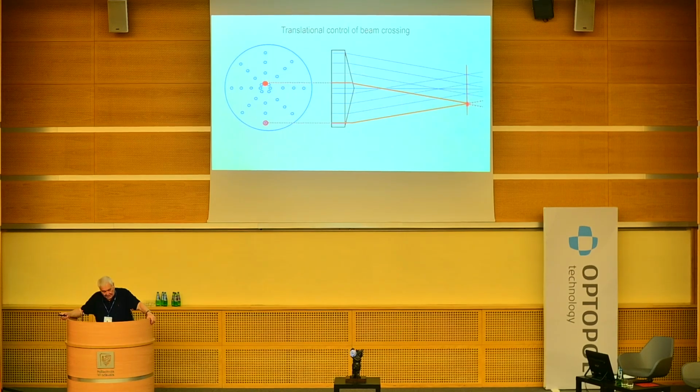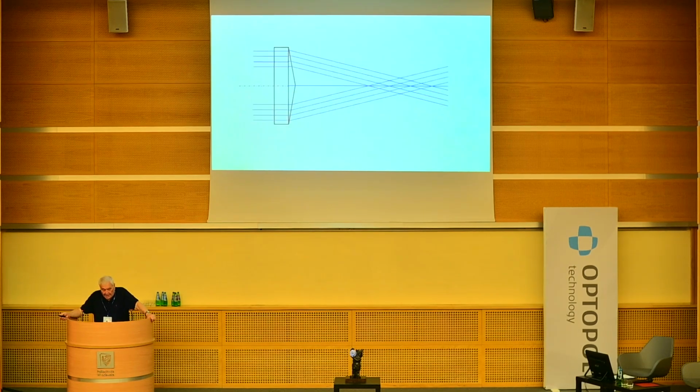So the entrance points are at the same distance from each other along the diameter of this axicon, and you go this way. Another possibility, look, move. You can move the cross point along the axis.